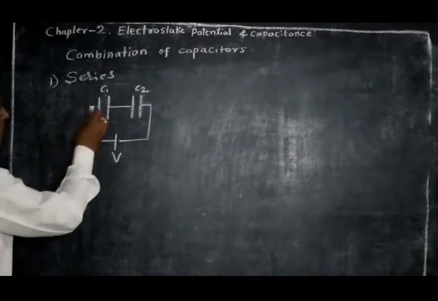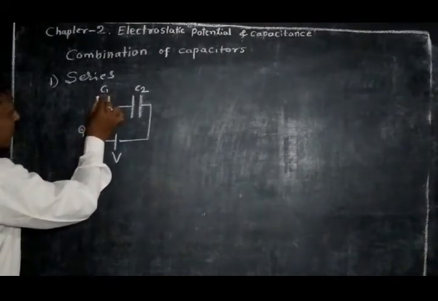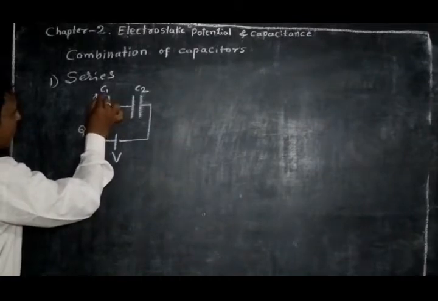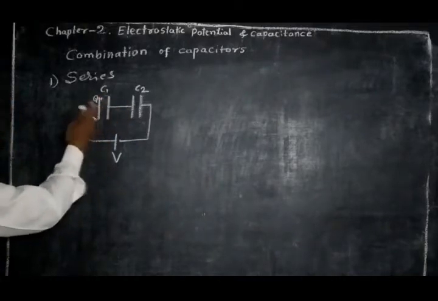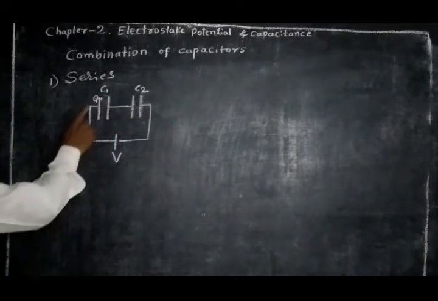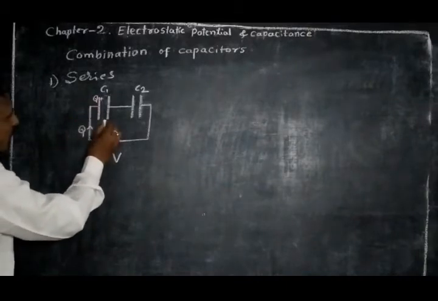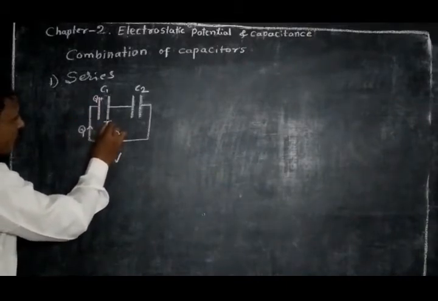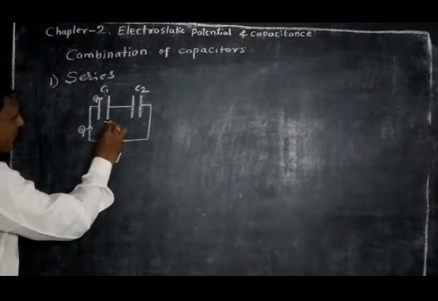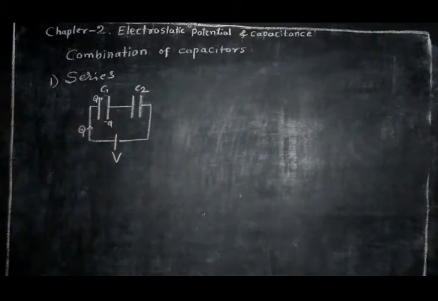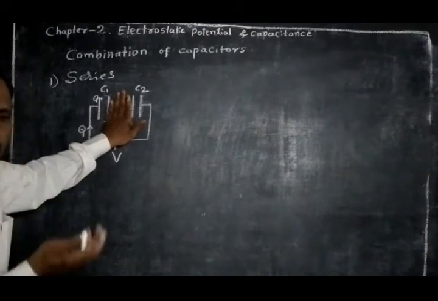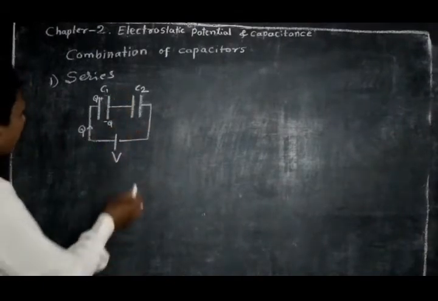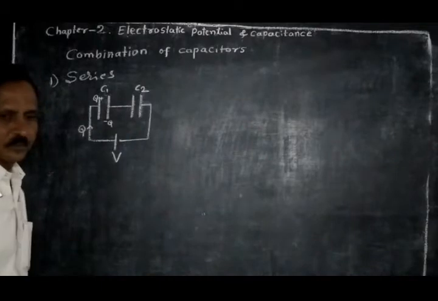and it is stored on the first plate of the capacitor. Charges are stored inside the capacitor. This is Q charge, and negative charge is induced on the second plate of the capacitor. Now these two capacitors are isolated and connected with a wire.